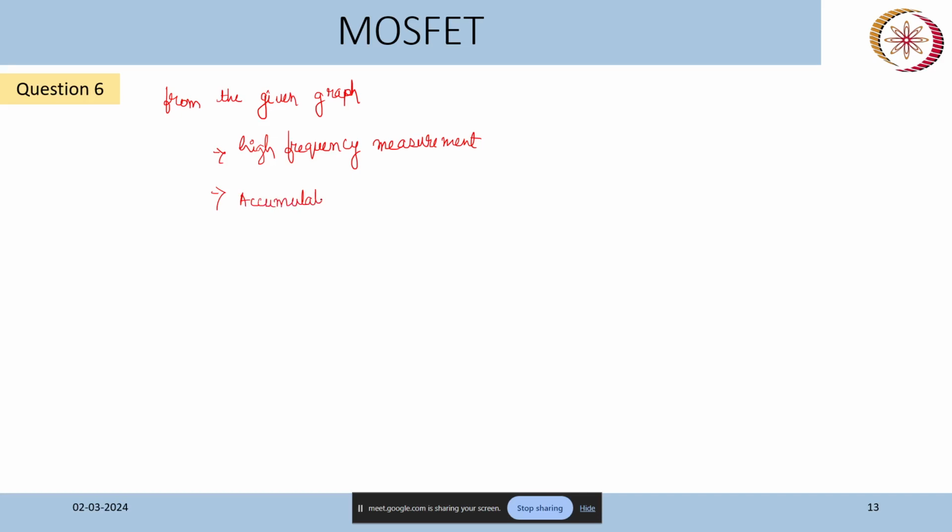Next, accumulation occurs at large negative voltage, and at large positive voltage, by positive voltage I mean the gate voltage, inversion occurs.